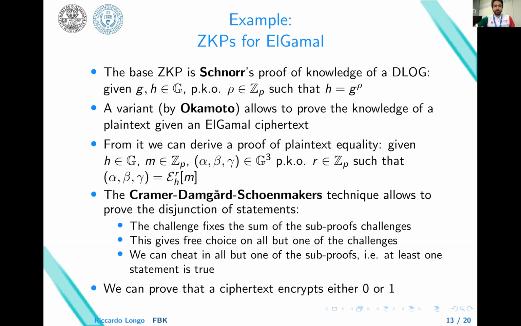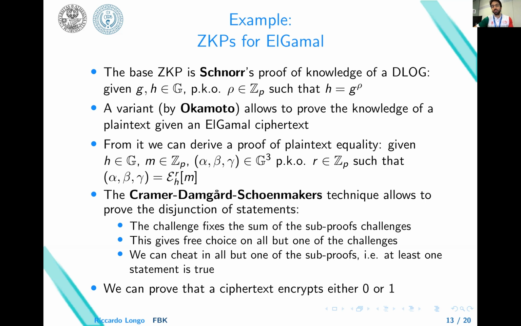So we fix not the challenge, but the sum of the challenges of the subproofs. This means that we have free choice on all of the sub-challenges but one, because if we choose whatever we want for, for example, 2 out of 3 challenges, then the last challenge has to be the difference between the fixed sum and the sum of the free choices that we made.